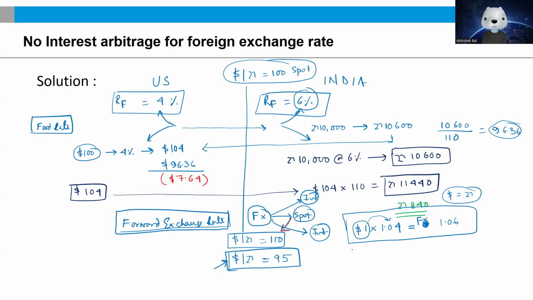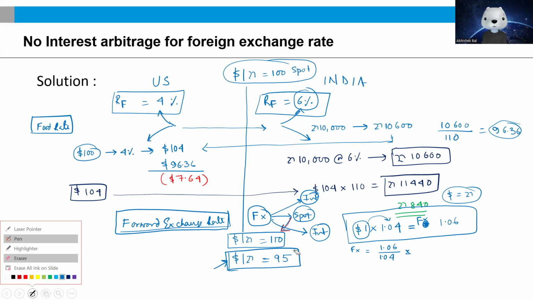So in other words, we can always find out what is going to be the FX rate. And the FX rate out here is simply going to be equal to 1.06 divided by 1.04.